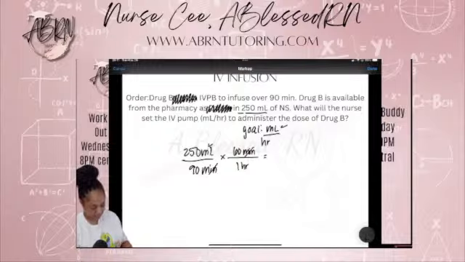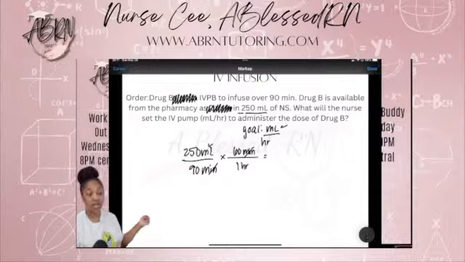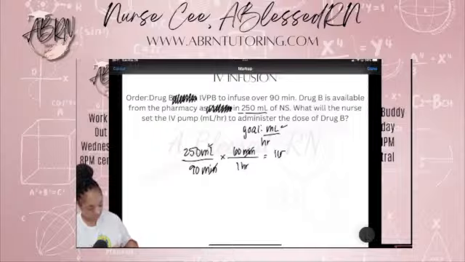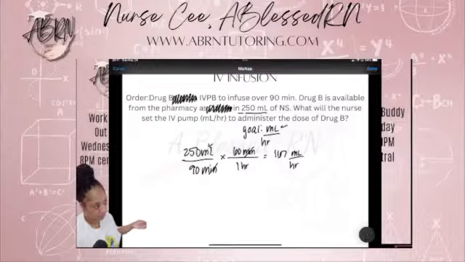And your minutes crosses out. And there you go. 250 times 60 divided by 90. And so that is 166.66666. So we'll do 167 mLs per hour if we round it to the nearest whole number. Boom.